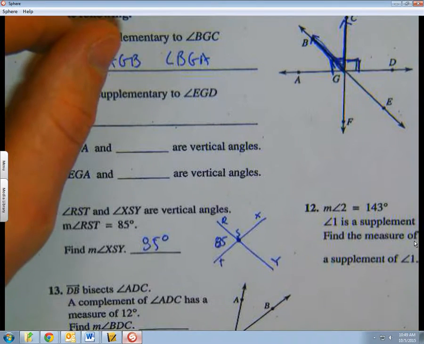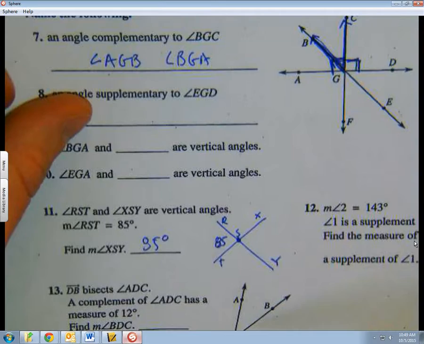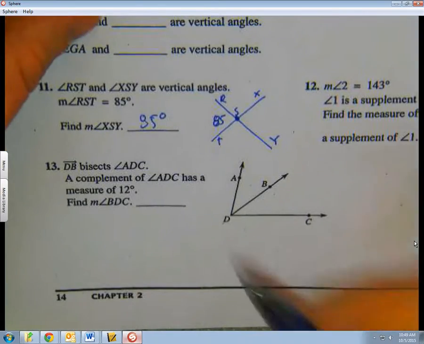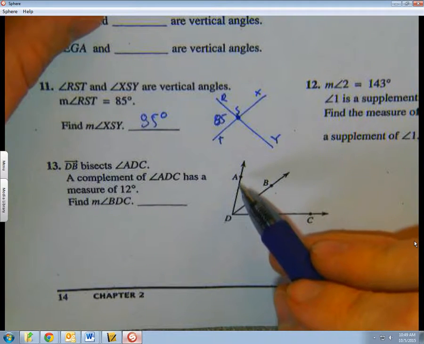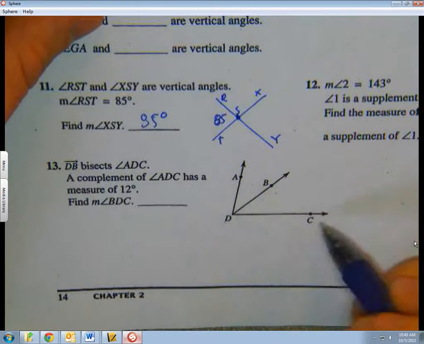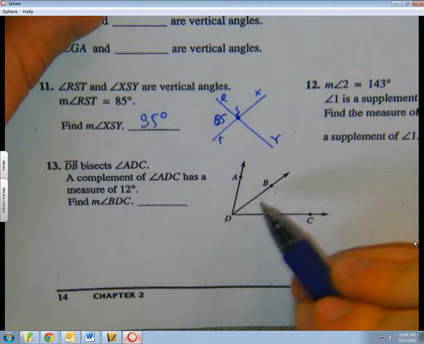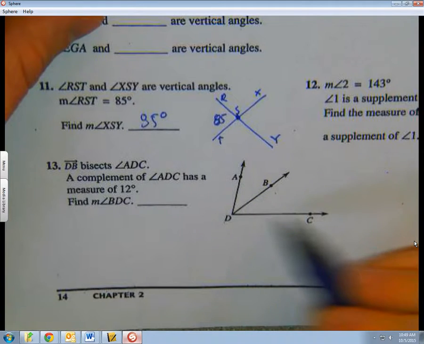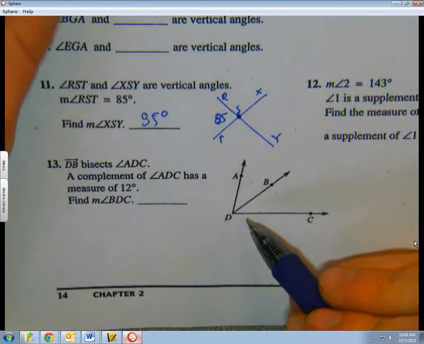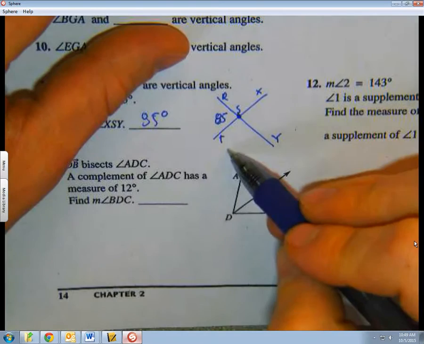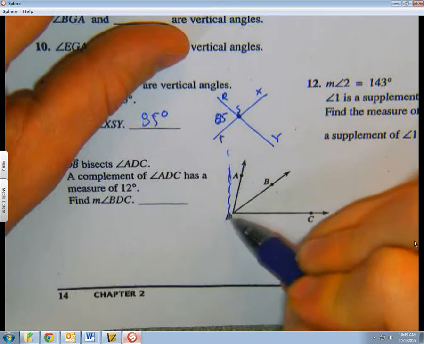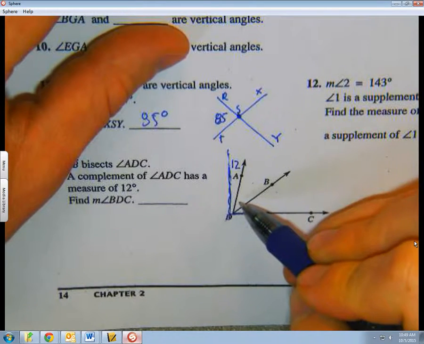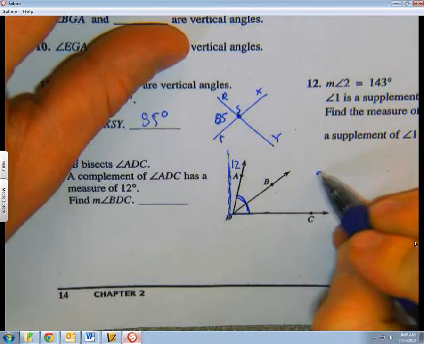Down here, BD bisects ADC, right here. That's a bisector. The complement of ADC has a measure of 12. So the complement here would be 12. Okay, and again, I'm drawing pictures. So if that's 12, that makes this whole thing 90 minus 12, which is 78.